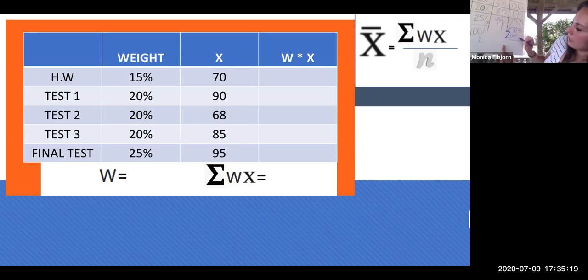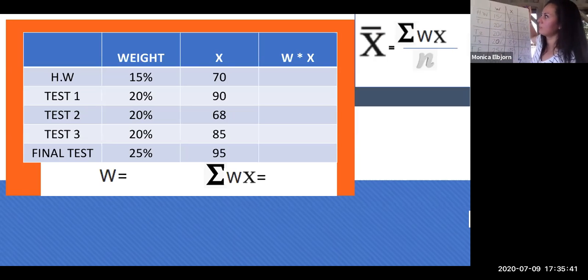So we divide 82.85 divided by 1, so this weighted average would be 82.85. This will be your final grade.